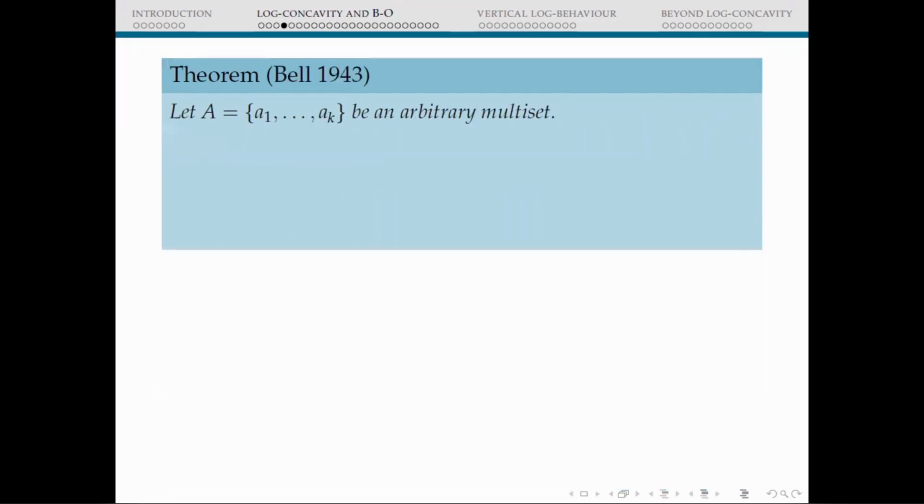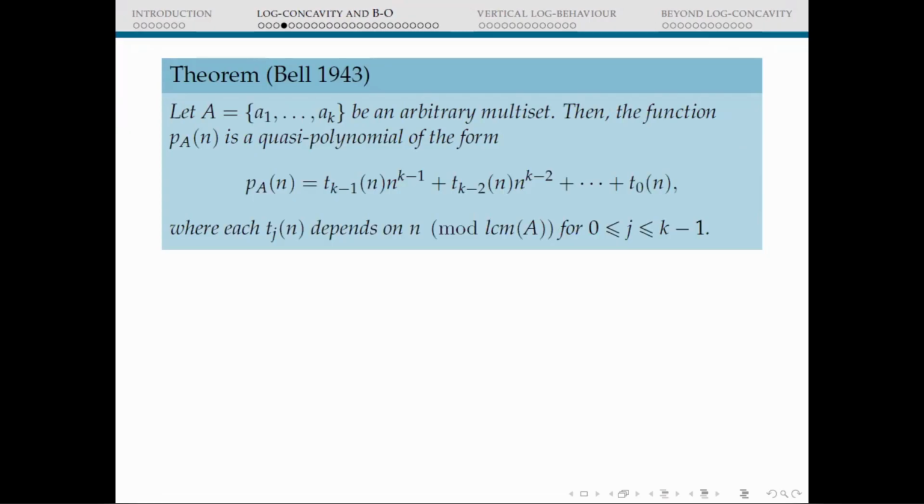In particular, Bell in 1943 showed that the A-partition function behaves like a polynomial. It's not a polynomial, it's a quasi-polynomial of degree k minus 1. Quasi-polynomial means that the coefficients of this expression depend on the residue class of n modulo the least common multiple of A.